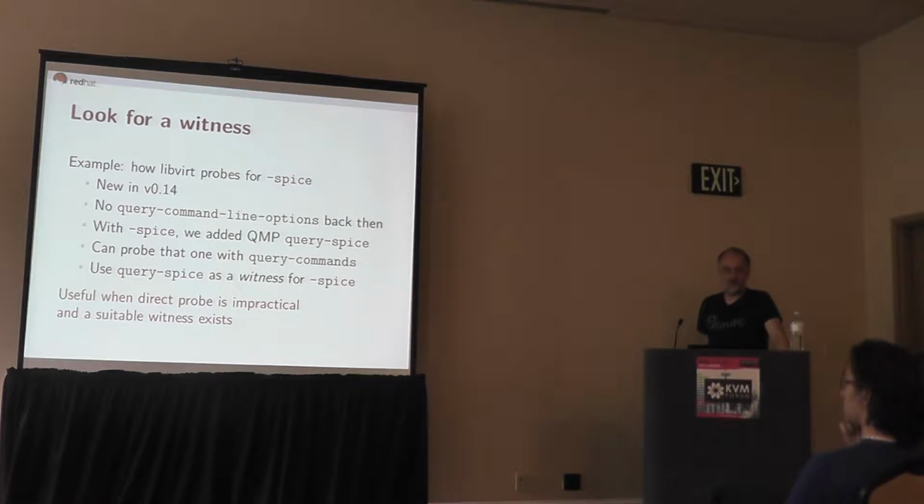We didn't want to scan -help. However, together with -spice, we added QMP command query-spice. And we can probe that with query-commands. So we use query-spice as a witness for -spice. We look for query-spice, and if it's there, we just assume that -spice is also there. This is useful when a direct probe is impractical and a suitable witness exists.